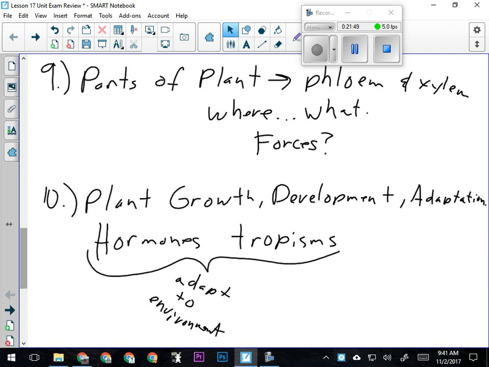Now, in terms of size, there could be a couple of minor changes because I'm not done fiddling around with the test yet. It'll be similar in format to your chem test. There's going to be multiple choice and written response.